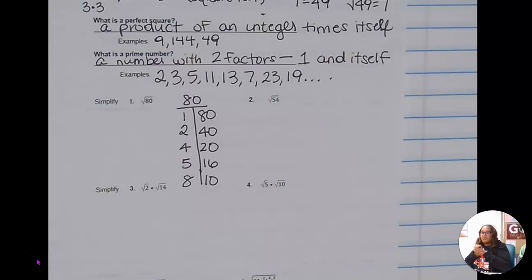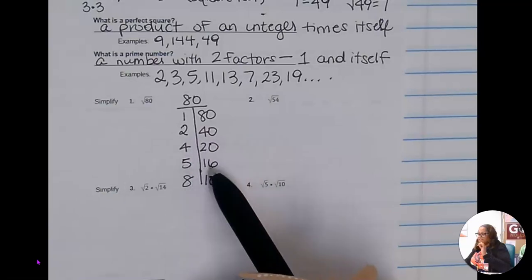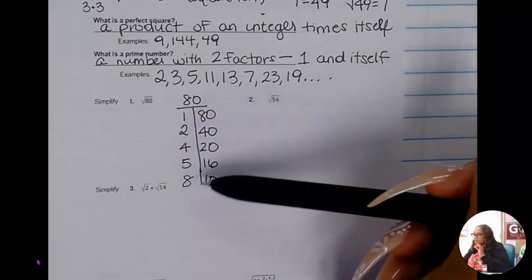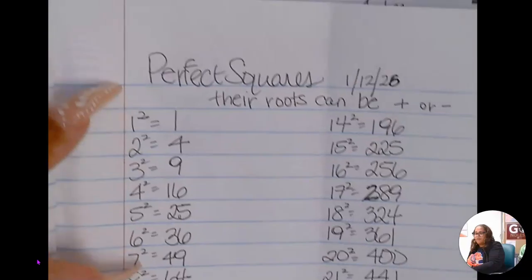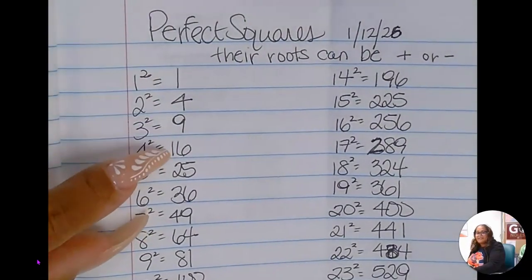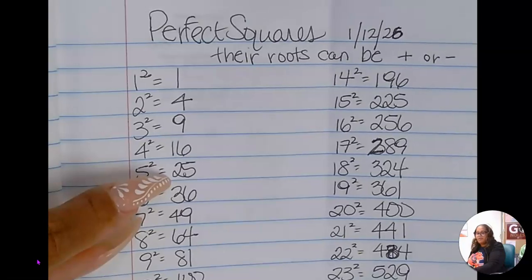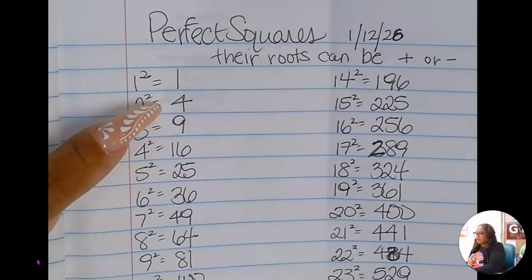Now, here we have located our factor pairs that give us 80. 1 times 80, 2 times 40, 4 times 20, 5 times 16, and 8 times 10. Now, which of these numbers on the left side or the right side is over here in my perfect squares? Did I have 1? Did I have 4? 9, 16, 25. Who's over there? 4 is, and who else?